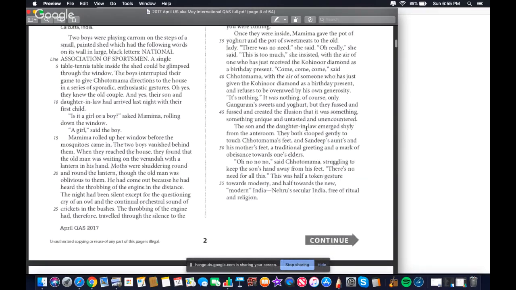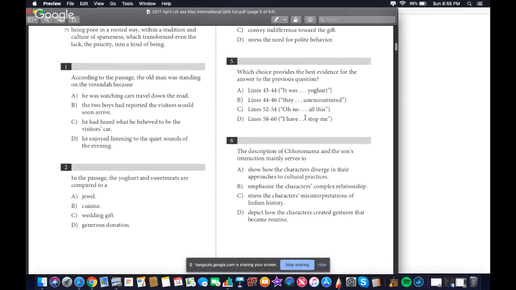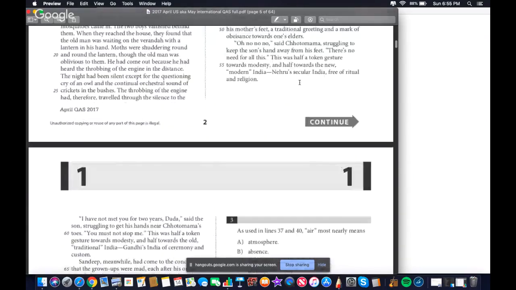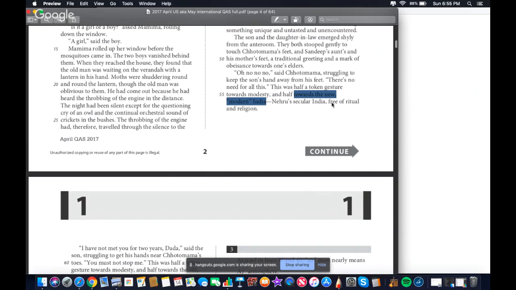Well, I guess if we go above, we had read those lines above. Okay, so we read above and below, and let's see. It's not misinterpreting Indian history. It's like the old lady is trying to be modest and new, free of ritual and religion.